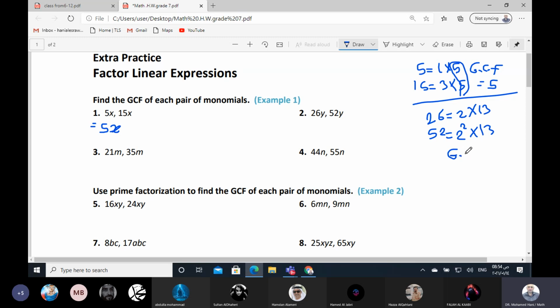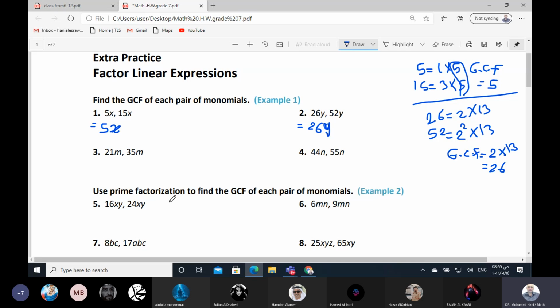So the GCF, the common factors with a low exponent, we have 2 exponent 2 and 2, take 2, then 13. 2 times 13 will be 26. So the GCF between 26 and 52 will be 26. And the common variable y. So the GCF between 26y and 52y will be 26y.